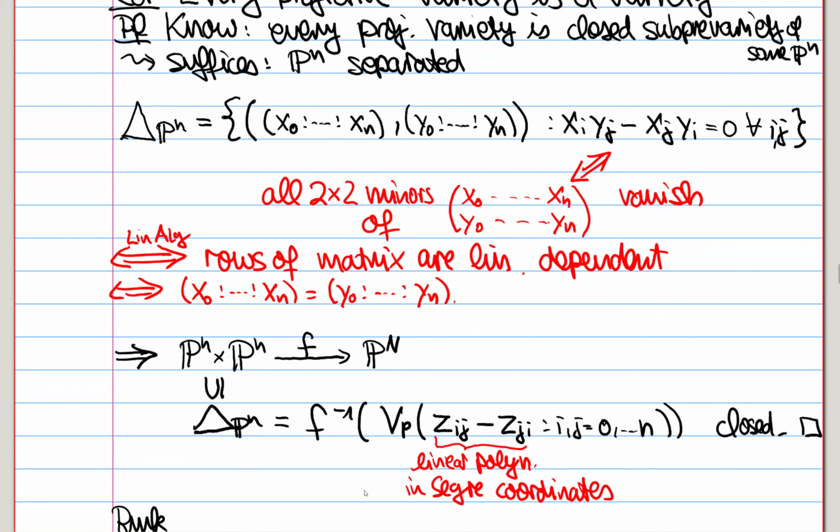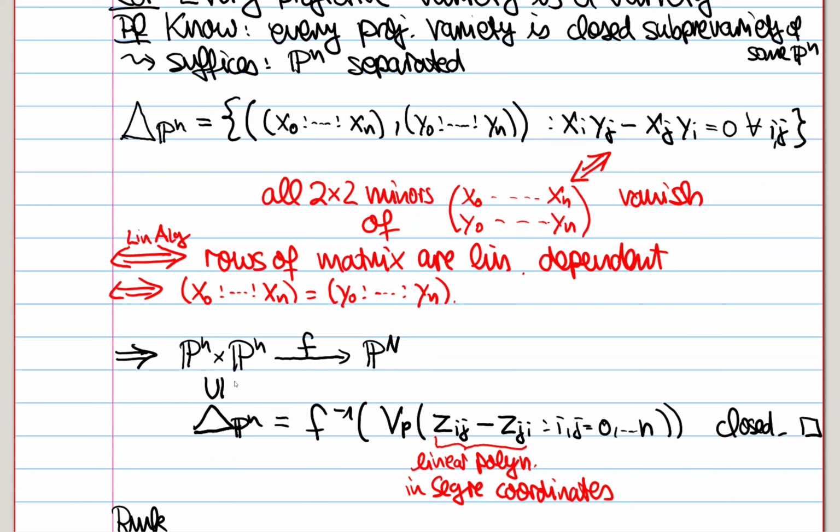And so, in other words, this here is just a pre-image of this vanishing locus of zij minus zji. So these things are also called Segre coordinates, and this difference of these Segre coordinates cuts out the diagonal inside this product. And since this thing here is closed inside Pn, and f is a morphism, so it's continuous, the pre-image of this is also closed, and then we're done.